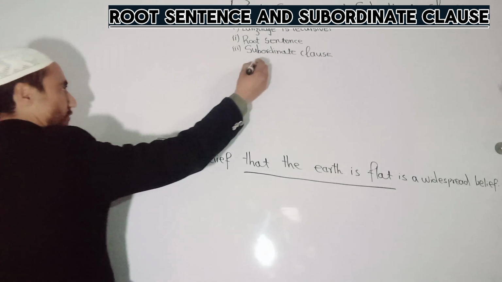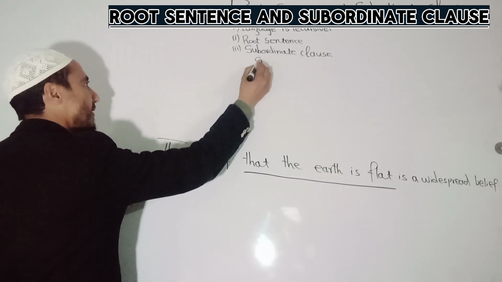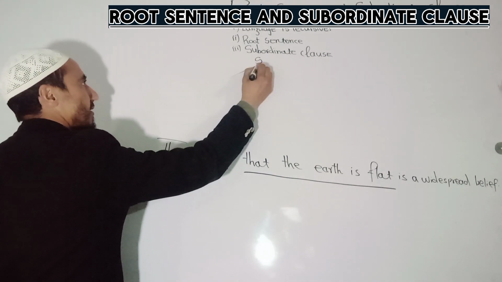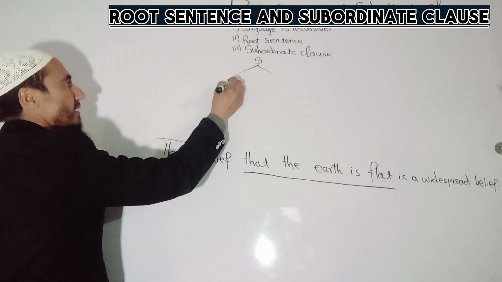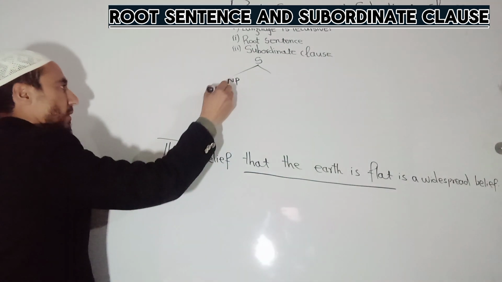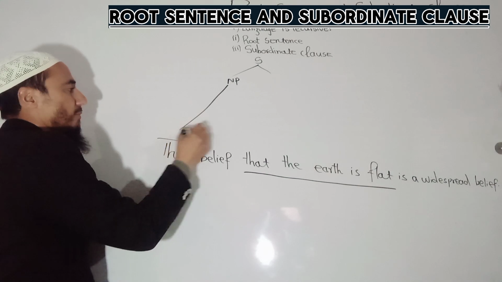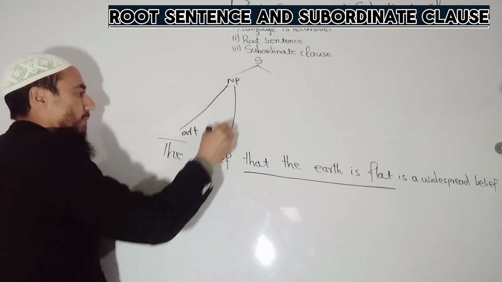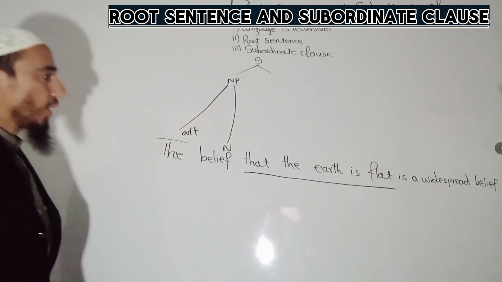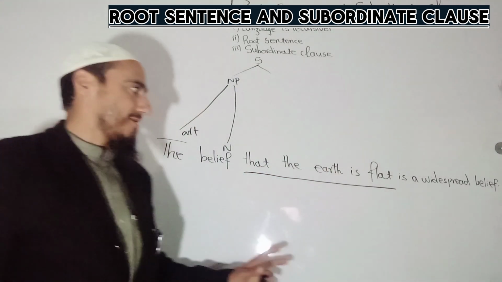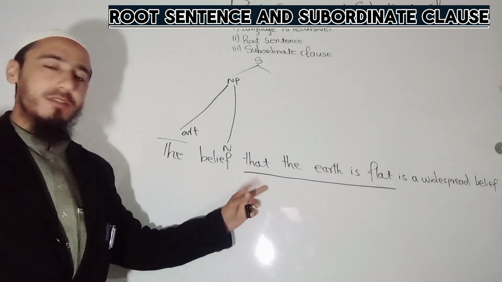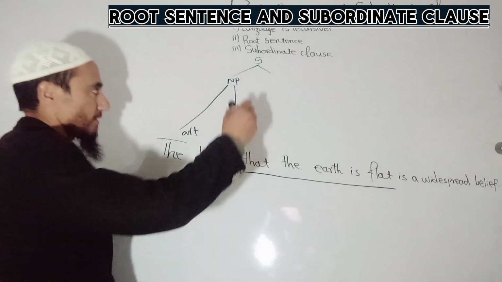So let me draw the structure. We have S, which means sentence. In the sentence we have NP, and in NP we have the article or modifier "the," and "belief," that is N.